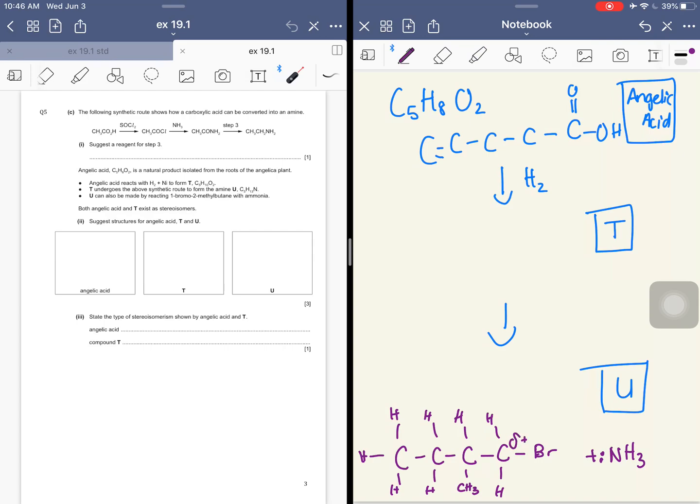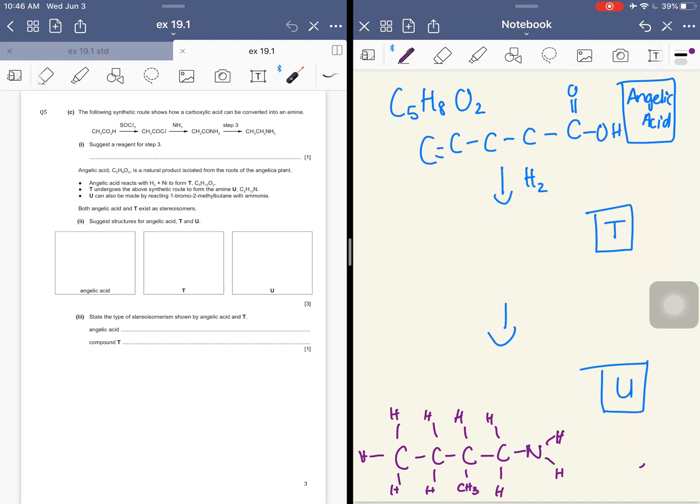It attacks the slightly positive carbon, the carbon-bromine bond breaks, and your product will be an amine. So this is what U is based on the last hint. Now I am confident, based on the last hint, that U has this structure.